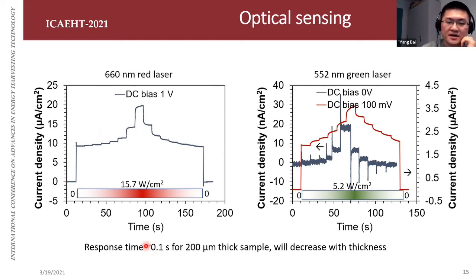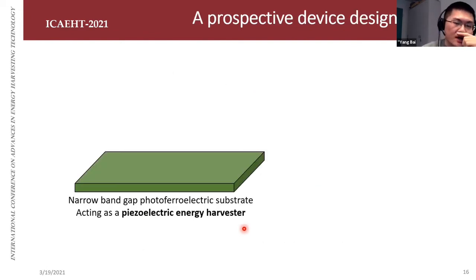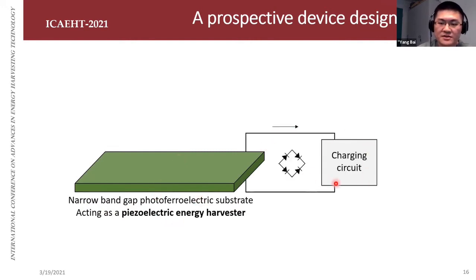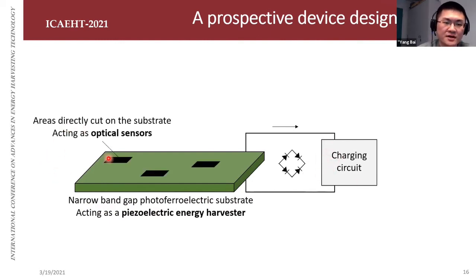To get a good response time, we can scale the material to either thicker or thinner according to the need. So this is a hypothesis. We haven't proved it yet, but you can imagine it's very doable here. If you have a piezoelectric harvester with this material as a substrate, you can do piezoelectric harvesting, right? And then you can charge some storage through a charging circuit. Then you can carve some small areas as optical sensors on the surface directly, with just some microstructure optimization.